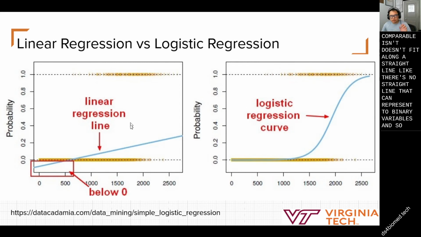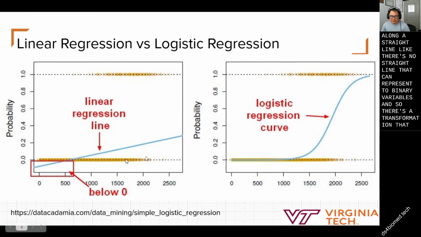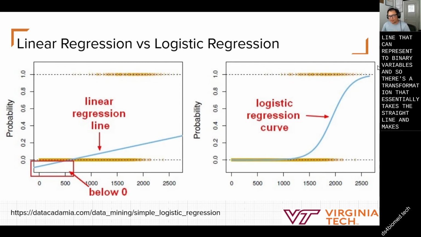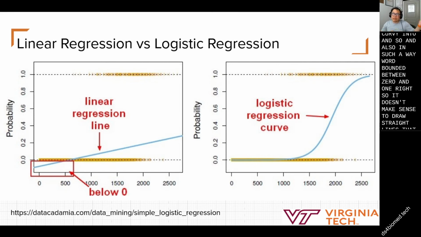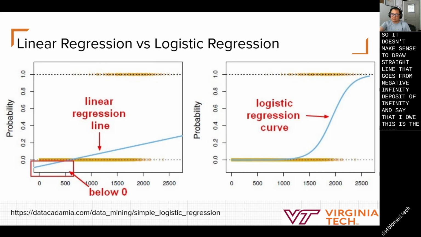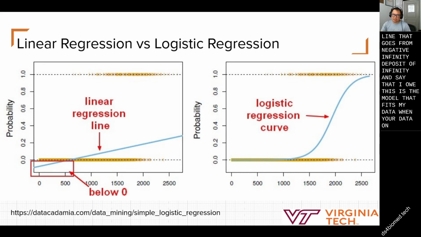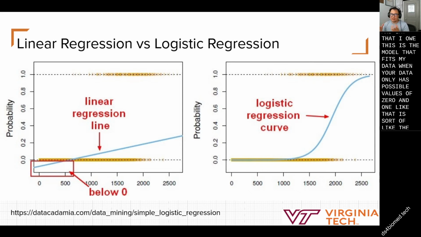And so there's a transformation that takes this straight line and makes it curvy, and also in such a way that it's bounded between 0 and 1. It doesn't make sense to draw a straight line that goes from negative infinity to positive infinity and say, oh, this is the model that fits my data, when your data only has possible values of 0 and 1. That is the definition of picking the wrong model for your data.